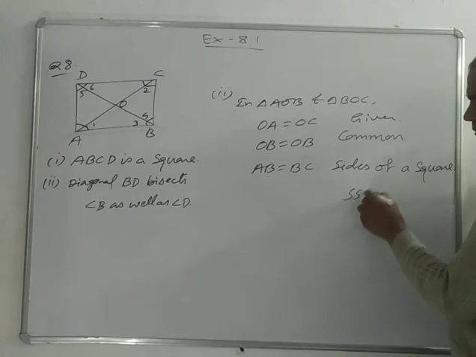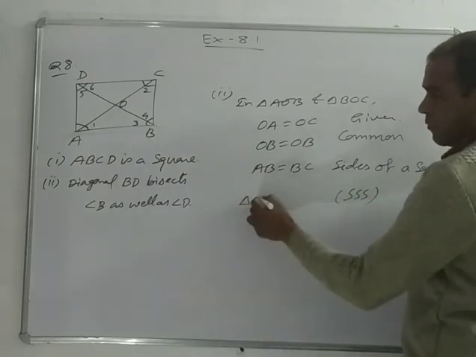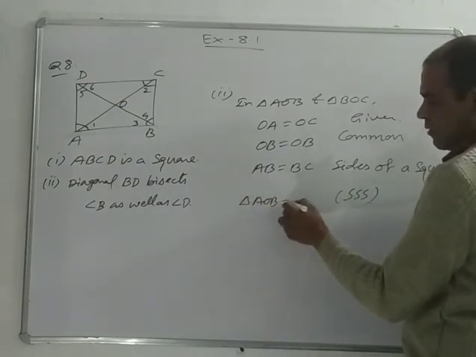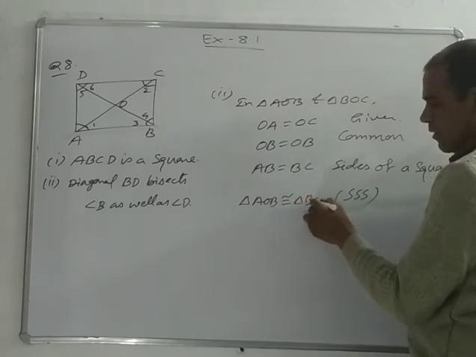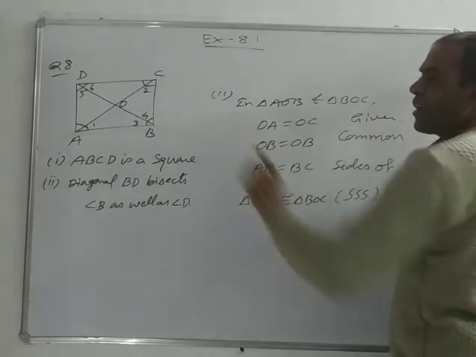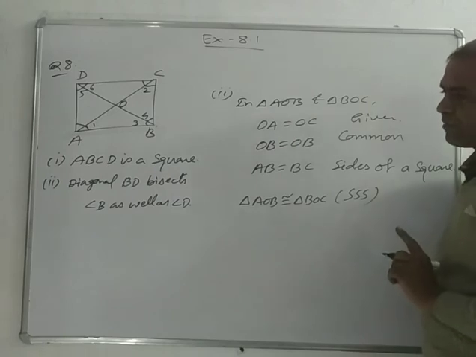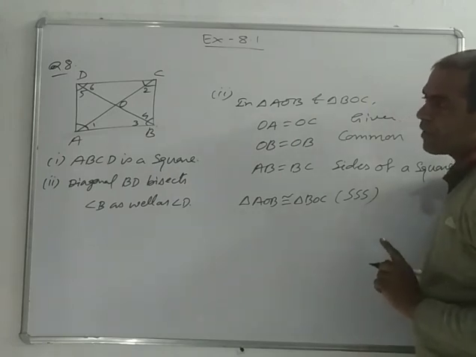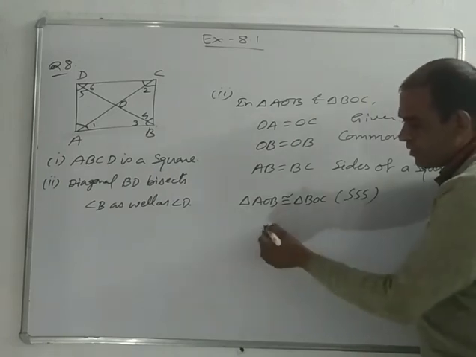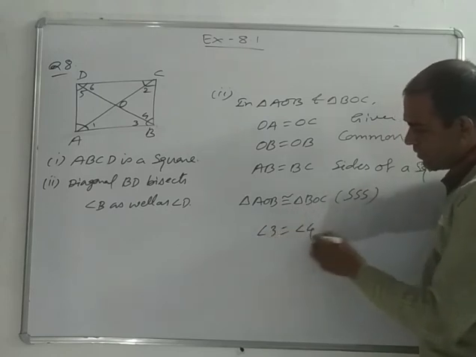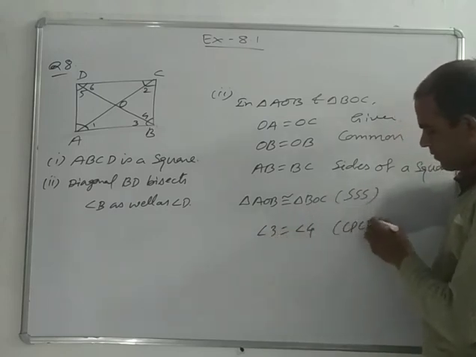So triple S, triangle AOB is congruent to triangle BOC. These two triangles are congruent. So angle 3 equal to 4. Reason: CPCT.